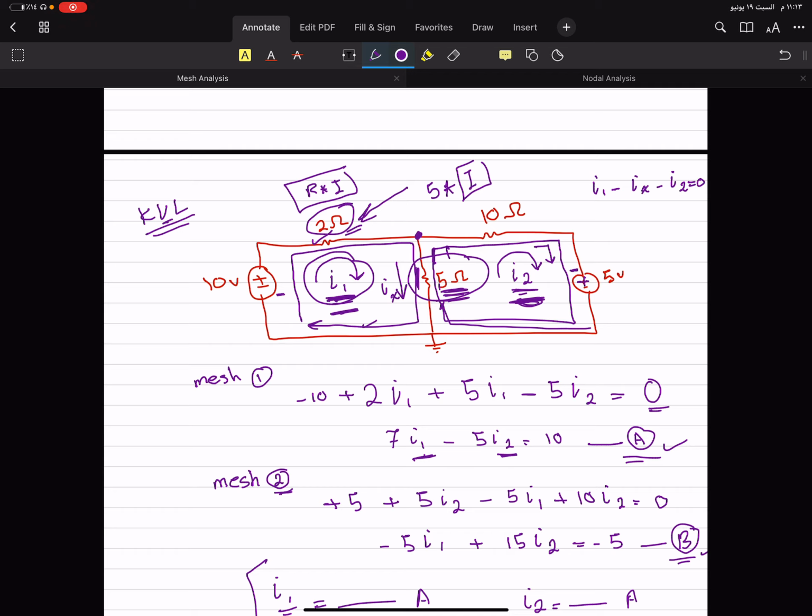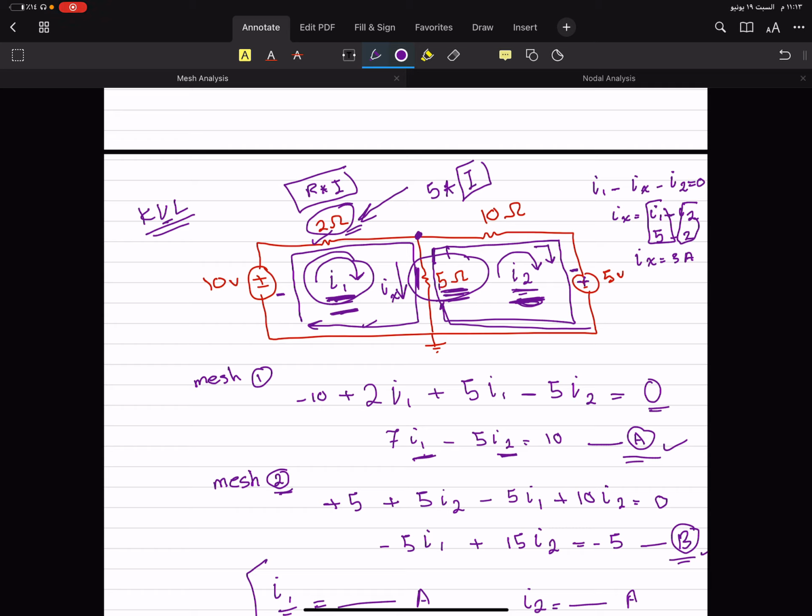KCL says that the summation of the currents at a node equals 0. So solving for Ix, Ix is equal to I1 minus I2. If you assume that I1 is equal to 5 and I2 is equal to 2, so 5 minus 2, Ix is equal to 3 amps. I just assumed these values for I1 and I2.